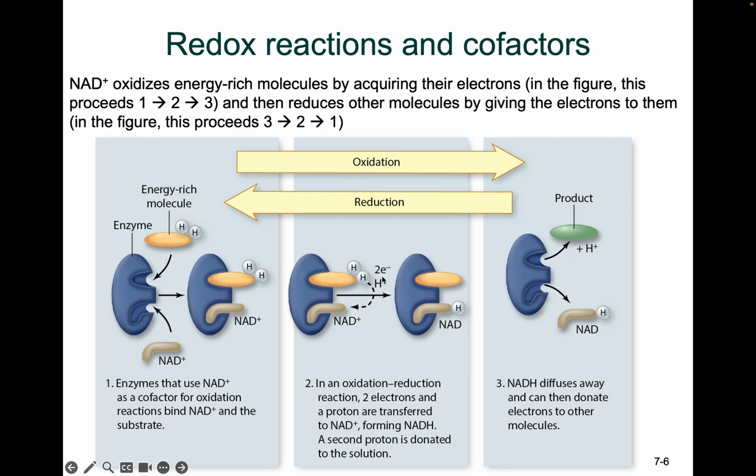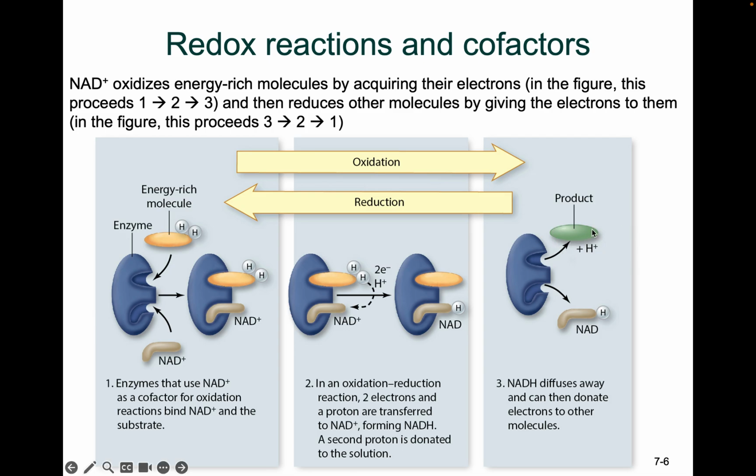So NAD gains an electron, giving you NAD neutral, and then you give another electron to it, so it's NAD negative, which is then balanced out by a hydrogen. So in total, you get an NADH. That's its final reduced form, because now it gained electrons, and this high energy-rich molecule is oxidized because it lost electrons.